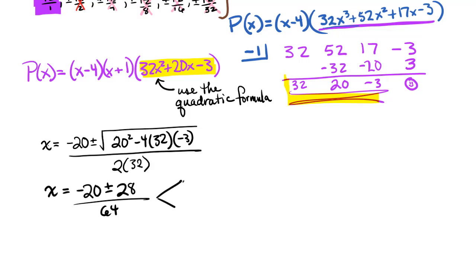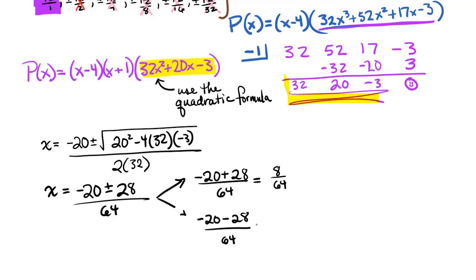This will give me two solutions. I will have -20 plus 28 over 64, and I will have -20 minus 28 all over 64. This gives me 8 over 64 and also -48 over 64. 8 over 64 is just 1/8.